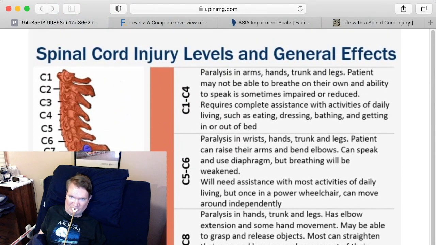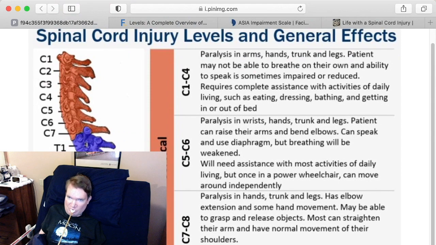So as you can see on the right, there is a short description of how every person is affected if they have these levels of injury. So my level is a C2-3. So this fits in the very top section. It says paralysis in arms, hands, trunk, and legs.